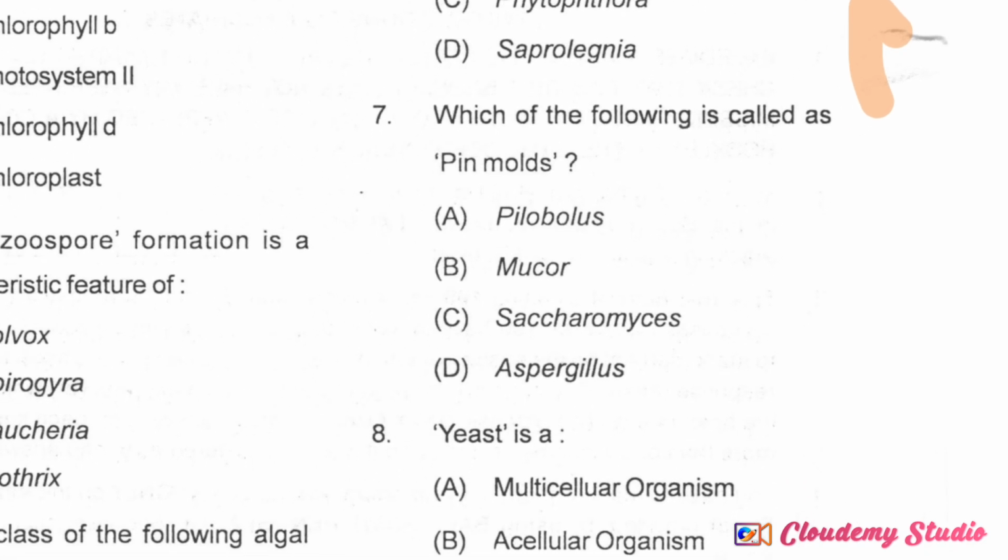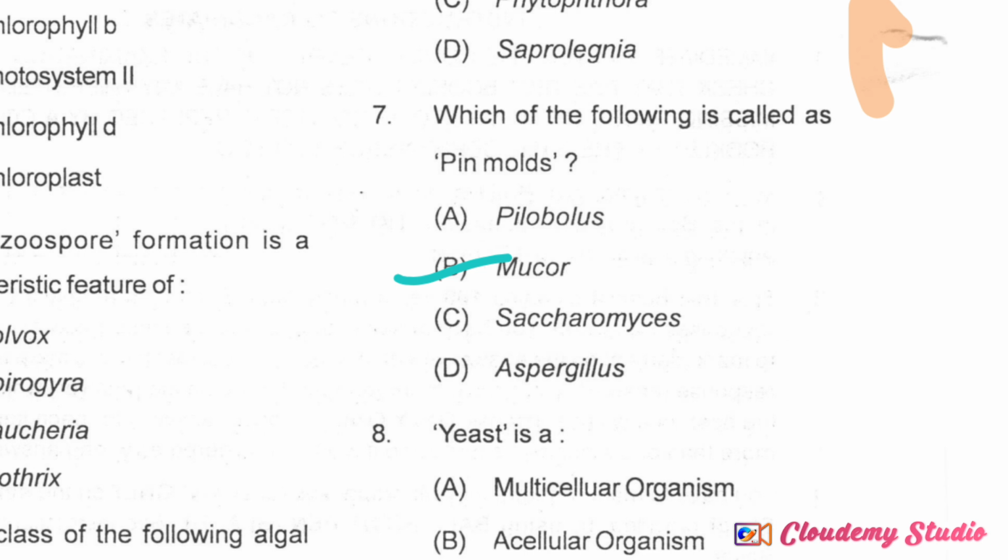Then coming to the next question: which of the following is called as pin mold? So here the answer is option B, Mucor. Saccharomyces is known as baker's yeast, and Aspergillus is known as pink mold.